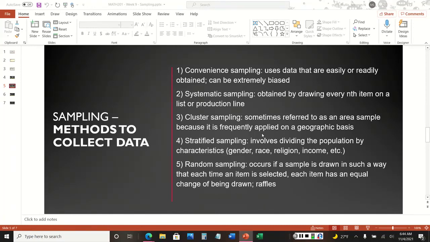The fourth type of sampling would be stratified sampling. This involves dividing people based off of their characteristics. So gender, race, religion, income. But if we talk about my example with students at the college, if we want to know different types of things, we're going to break them down by their major, by what year they're in, whether they're a student athlete.